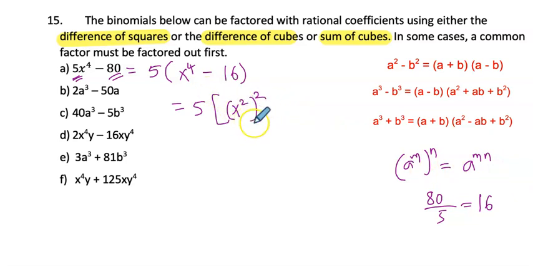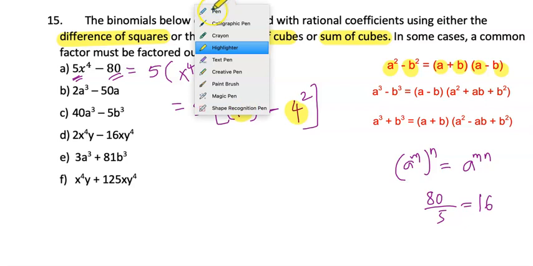X to the 4 can be rewritten as x square whole square minus the 16, I can write as 4 square. Now you see this one, it is of the form a square minus b square. Your x square is a, and 4 is your b. A square minus b square is a plus b times a minus b.